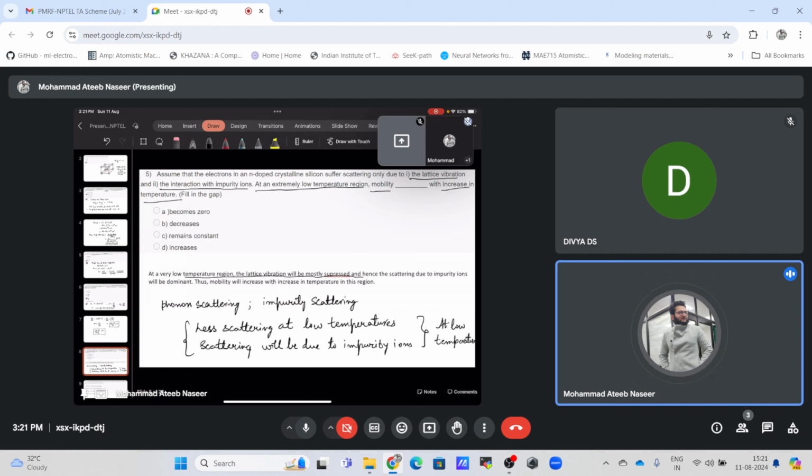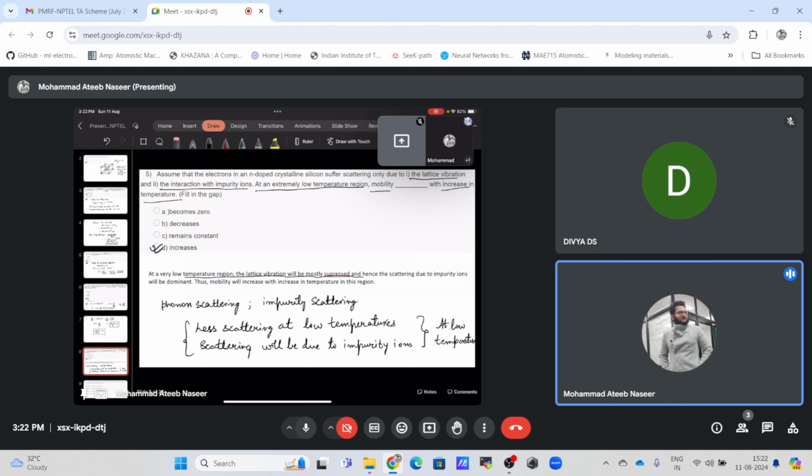For example, if T is equal to 10 Kelvin and T is equal to 20 Kelvin, at 20 Kelvin the electron will have a little more energy than at 10 Kelvin, and as a result it will spend less time around this impurity, and thus the impurity scattering will be less, and as a result the mobility will increase with the increase in temperature at low temperature only.